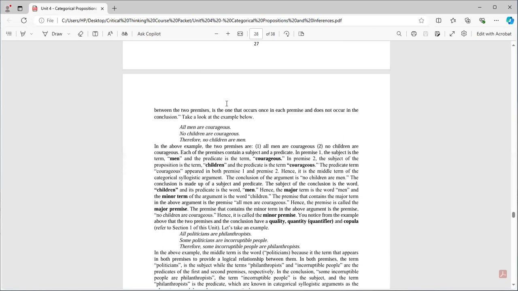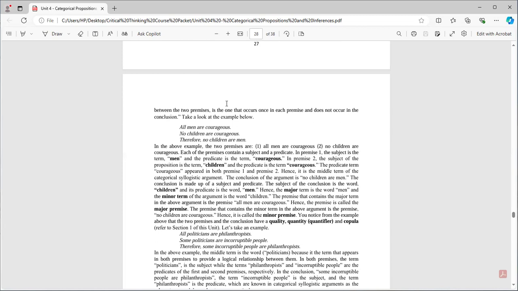It's found in the first premise and it is found in the second premise. So all men are courageous, no children are courageous. Therefore, no children are men. So you will not find courageous again in our conclusion. It is only serving as a logical link between the two premises for us to draw a conclusion.